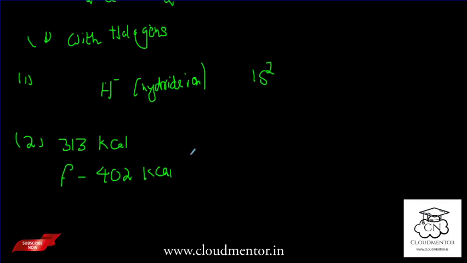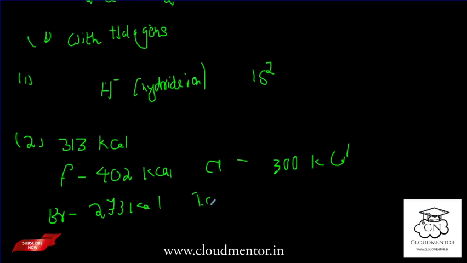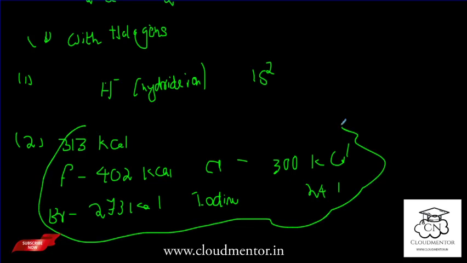Chlorine has 300 kilocalorie, bromine has something like 273 kilocalorie, and iodine also has such an ionization energy, that is 241. All of them, including hydrogen, have almost the same or nearby ionization energy.